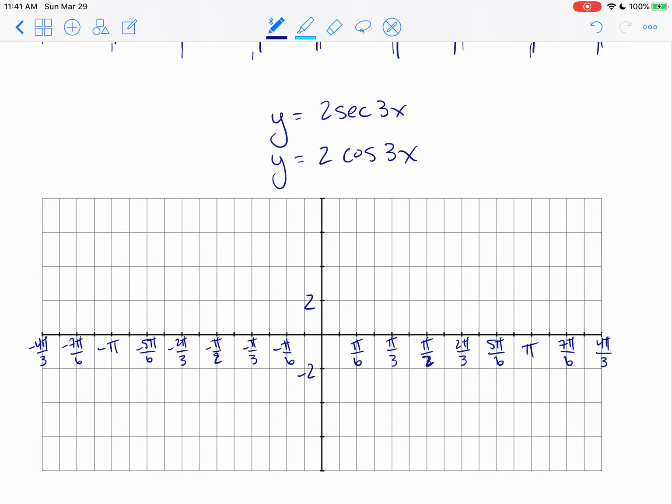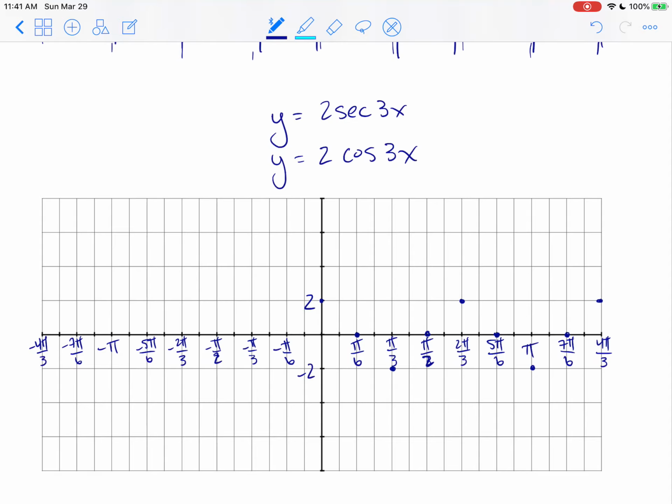Now cosine normally starts at 1 at 0, and so we're going to start at 2 here. And from there, we are going to go down to 0, and then down to negative 2, back to 0, up to negative 2, 0, negative 2, 0, 2.